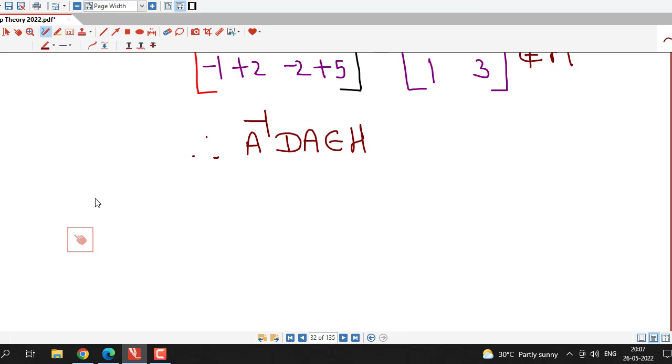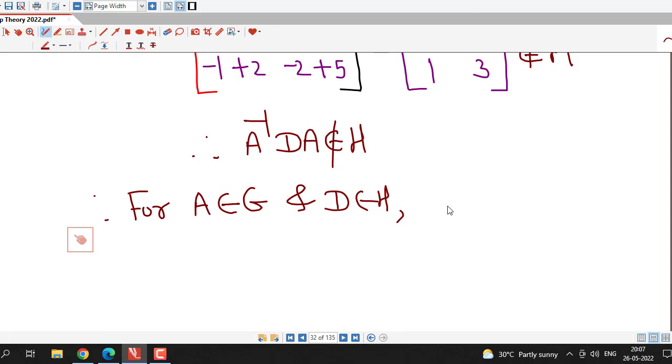Therefore we can write that for A belonging to G and D belonging to H, A inverse D A is not a member of the subgroup.